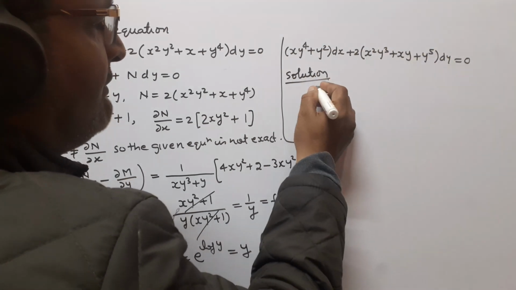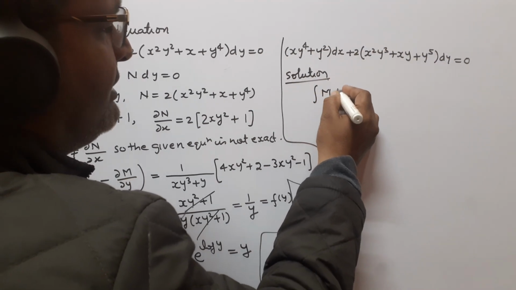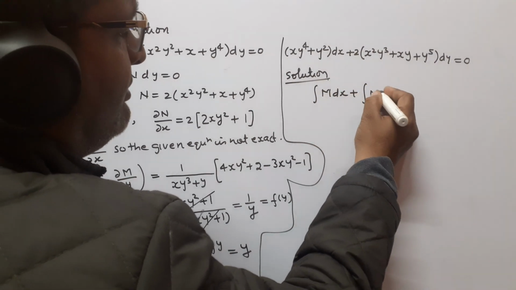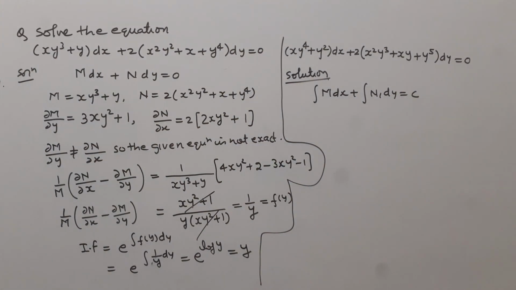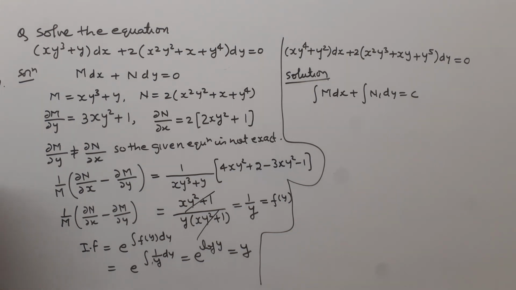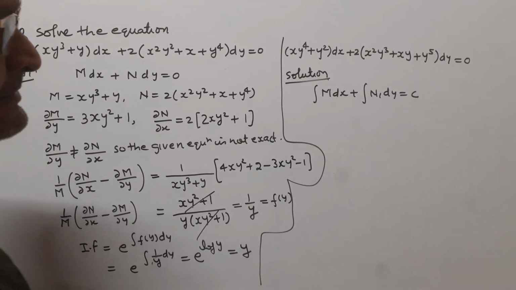Of this differential equation, we know that the solution can be written as integration of M dx plus N1 dy is equal to c, and we know that N1 is obtained from N, and we take those terms of N in which x is not present.